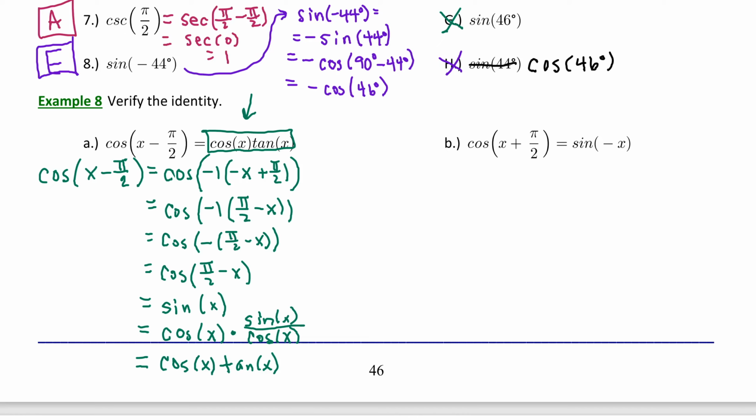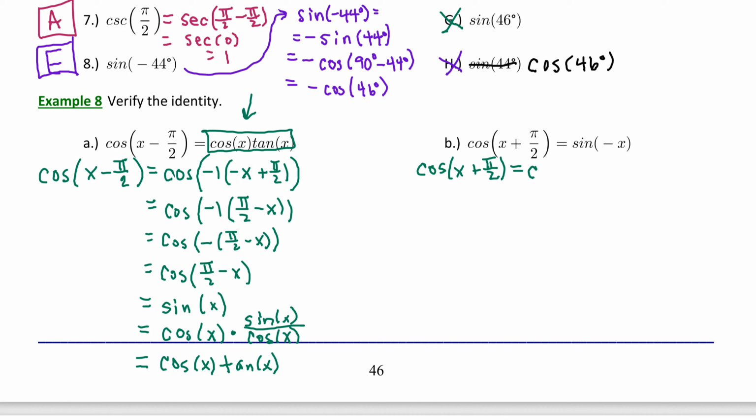Let's try one more. Example B, we have cosine of x plus pi over 2 equals sine of negative x. In this case, we can use our new cosine of a sum identity to attempt to verify this equation. So once again, I'm going to start with the expression on the left side because it contains more potential for simplification than the expression on the right side.